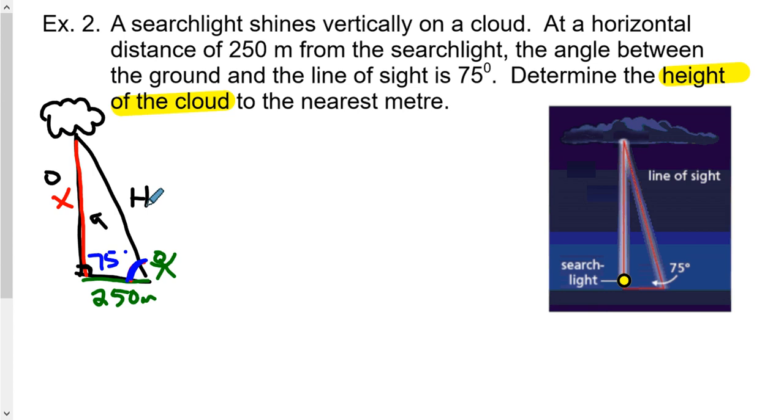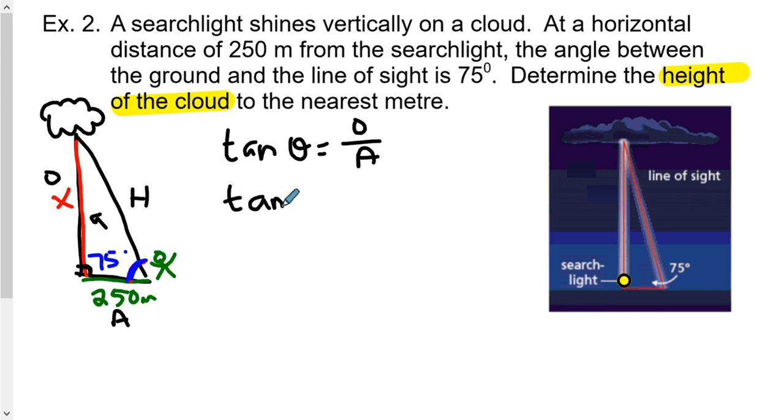And then our 250 meters, that's going to be our adjacent, right, because that's the length beside our angle of sight. So same idea here, right? As we did in the last one, all we've done here is thrown in a picture of a cloud and a picture of a person. Right? It's still a triangle, still the same math. We want to figure out, what is that opposite side length? We know the adjacent. Well, when you think opposite and adjacent, you think tangent. So tan theta, right, is opposite over adjacent. Always helpful to write that out so you don't forget.